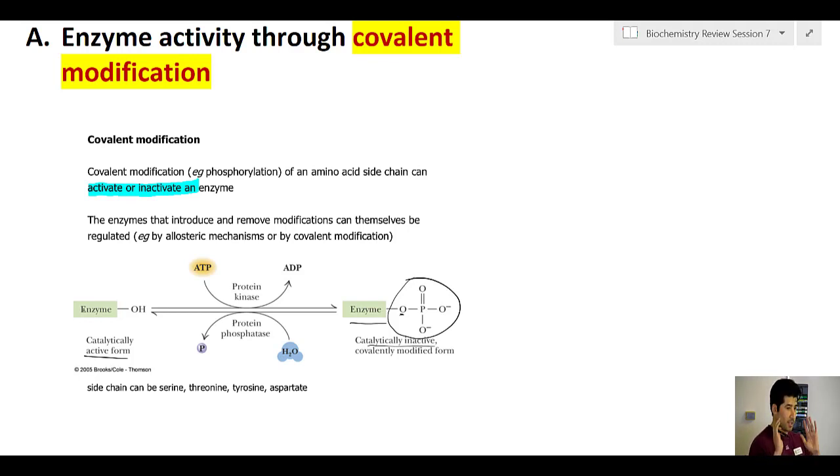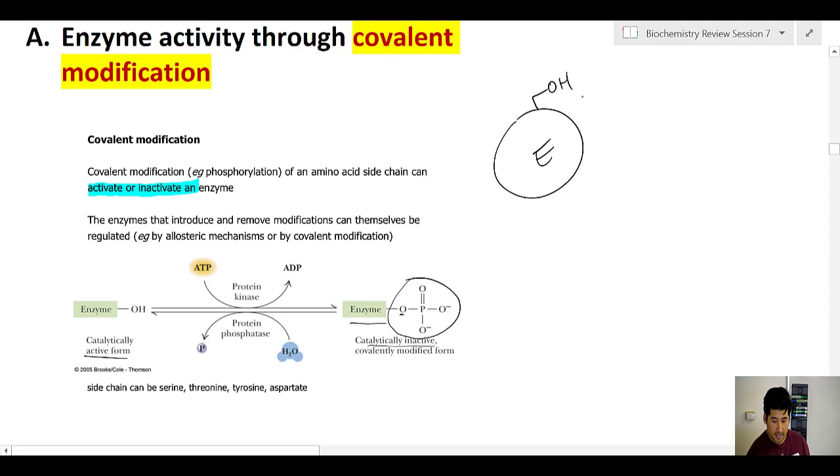Okay. But just as a general rule of thumb, let's say there's our enzyme right here, and let's say it has a hydroxyl group right there. Another enzyme, a protein kinase, will take ATP, take one of those phosphate groups off of ATP. When you take a phosphate group off of ATP, what does it become? ADP.